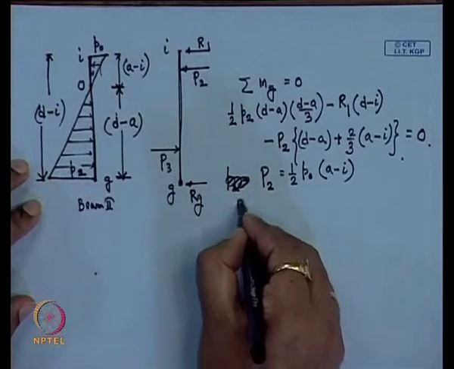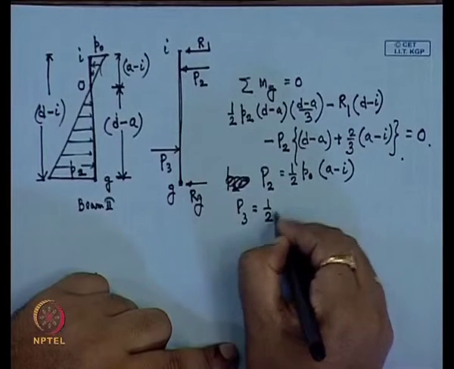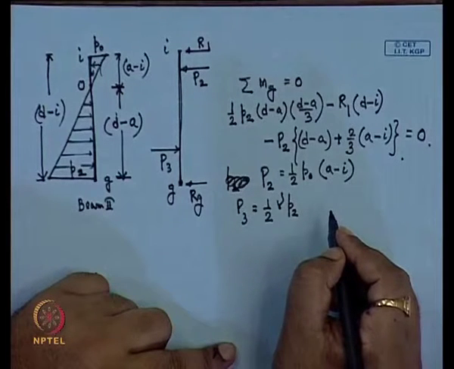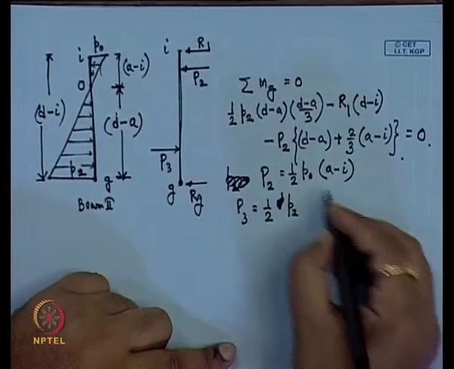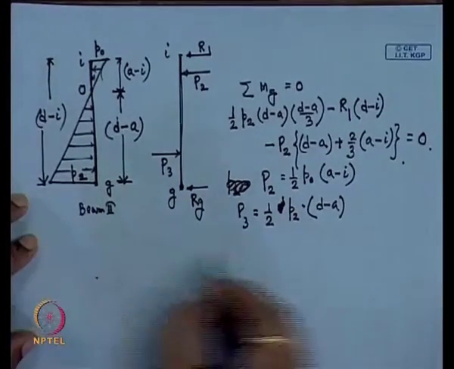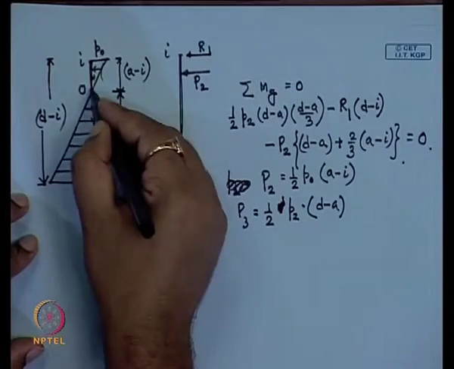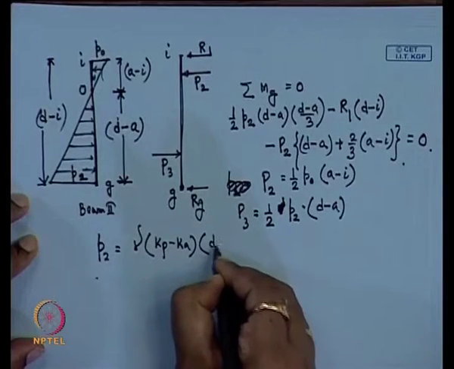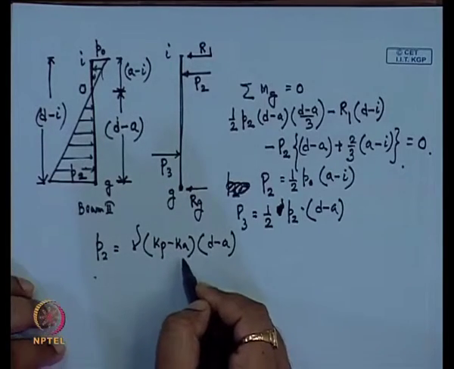Similarly, capital P 3 is equal to half into gamma into small p 2, half into small p 2 into D minus A. Now, small p 2 is gamma into K p minus K into D minus A. How to calculate this small p 2 has also been discussed in the previous classes.